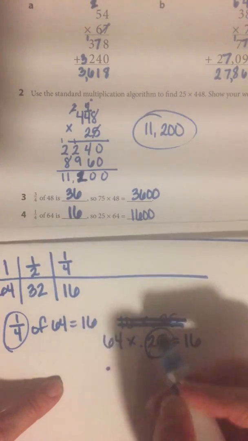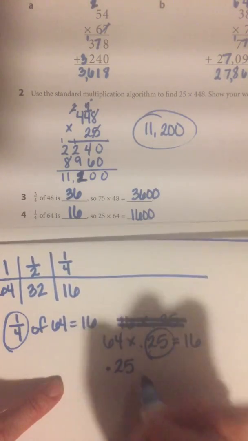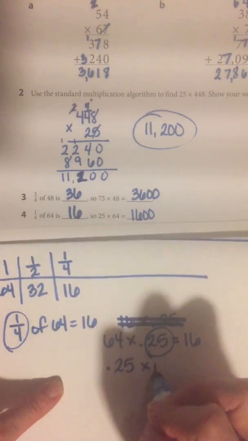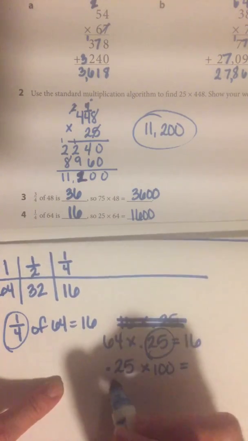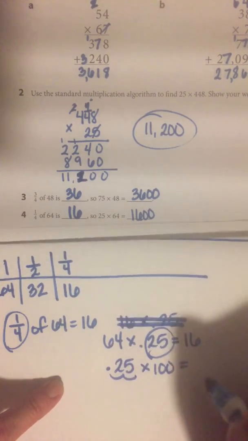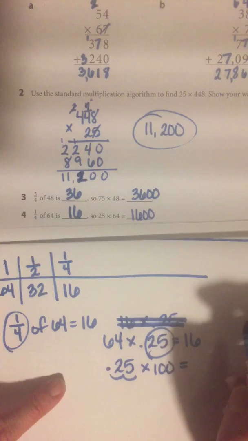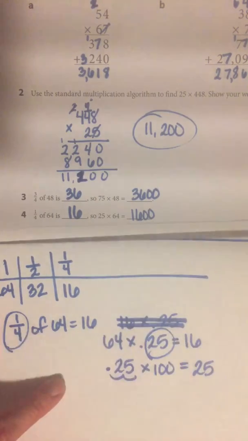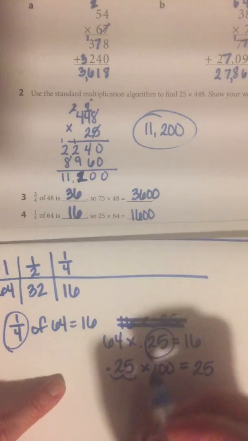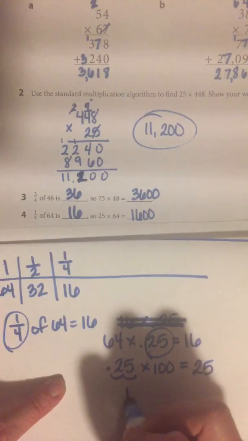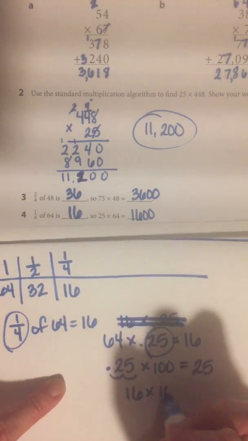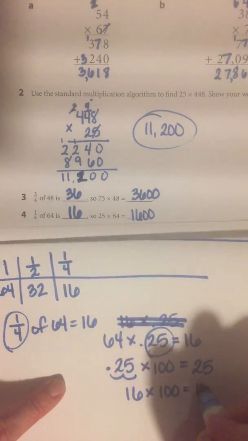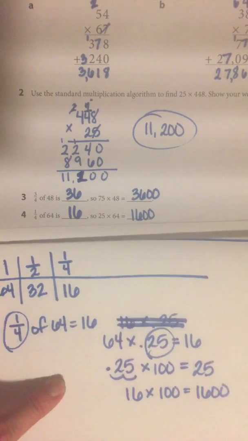So in order to get 25, I have to take 25 hundredths and times it by 100 to move it over 2 place values. And I get 25 wholes, right? So if I then take 16 and move it over 2 place values, I have 1,600.